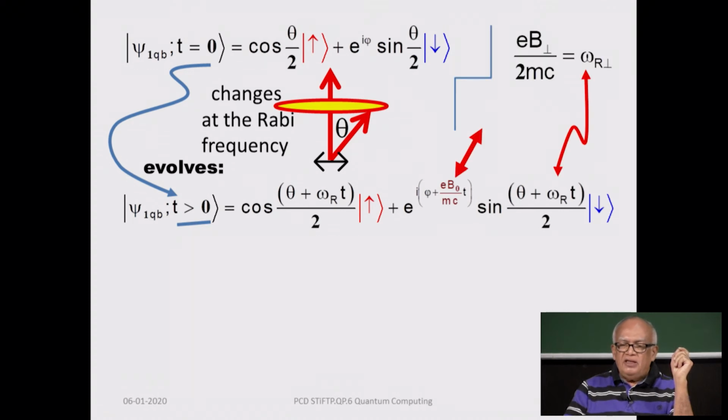And you have these two frequencies, the Larmor frequency and the Rabi frequency.